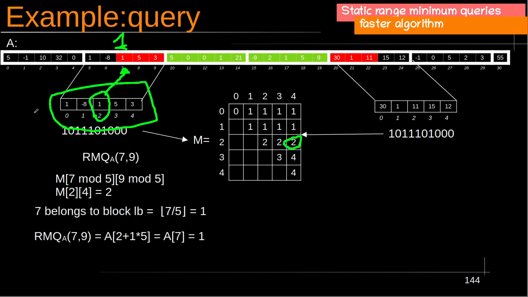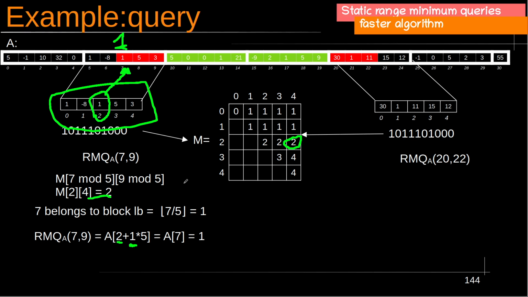RMQ of A from 7 to 9 is equal to A of 2 plus 1 times 5. 2 is the position from the matrix, M[2][4]. 1 is the number of the block to which 7, the left boundary, belongs, and 5 is the block size. We get A of 7. So same here, as you see, we get A of 7, which is 1, the minimum from 7 to 9.